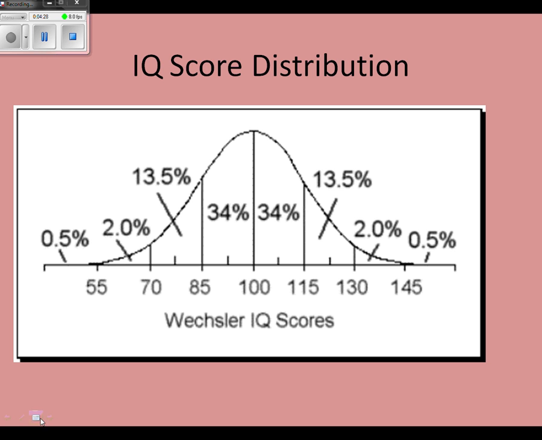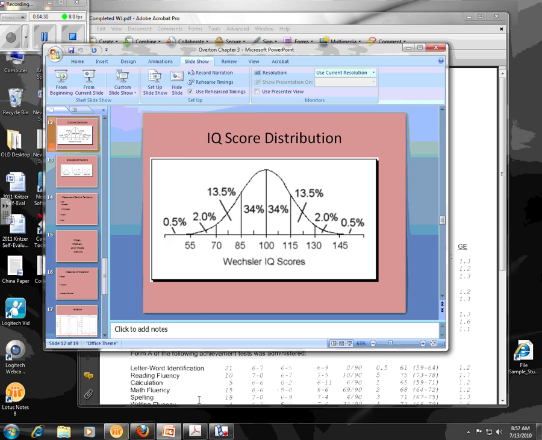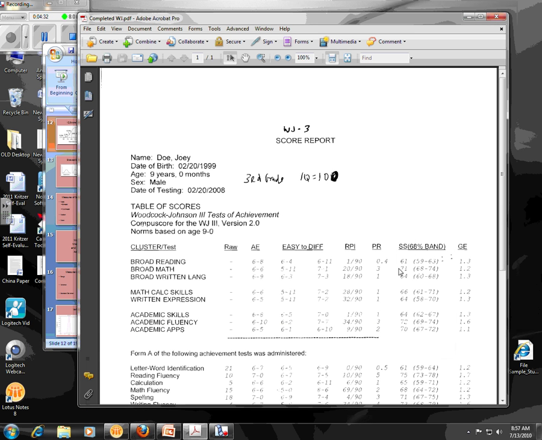Once again, take a look at the scores on this test. The student has a 61, 71, and a 64. So in other words, with an IQ of 100, the student is discrepant 39 points in reading, 29 points in math, and 36 points in broad written language.